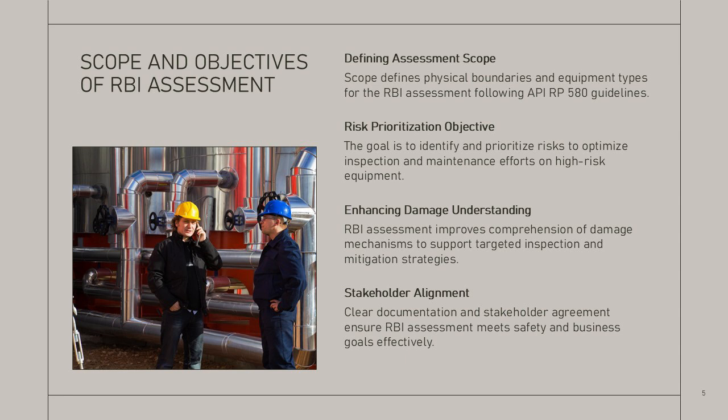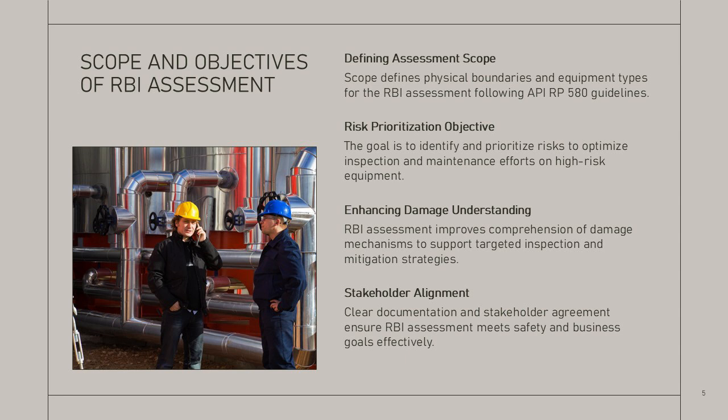The scope and objectives of an RBI assessment are critical to ensuring that the analysis delivers meaningful and actionable results. As outlined in API RP 580, the scope typically defines the physical boundaries of the assessment, such as specific process units, systems, circuits, or individual equipment items. It also specifies the type of equipment covered, including pressure vessels, piping, heat exchangers, tanks, and associated components.